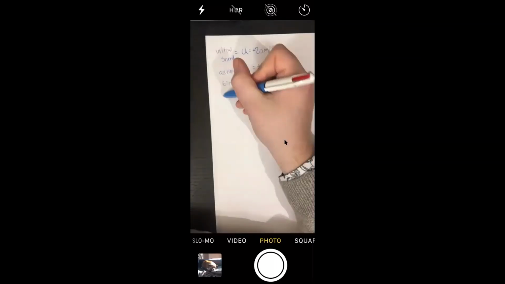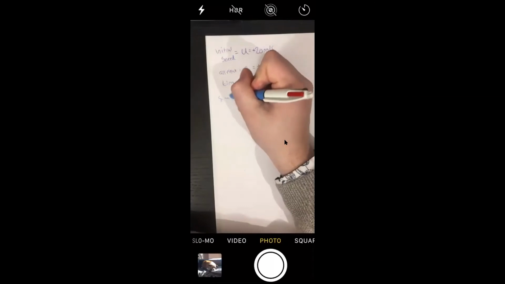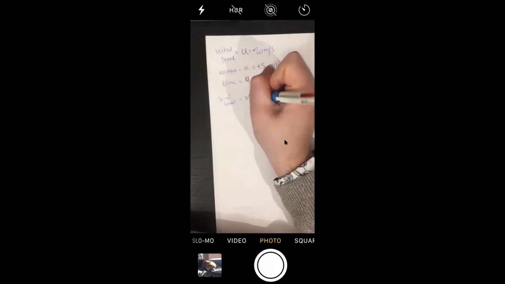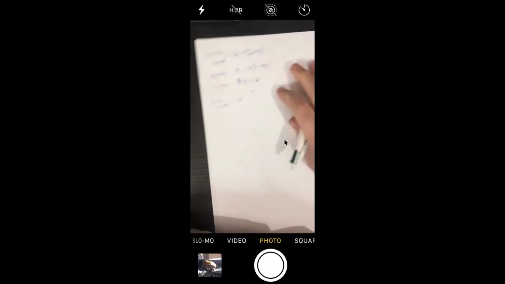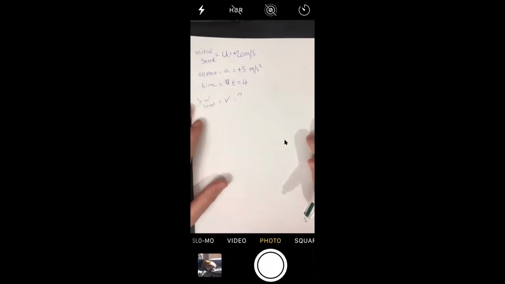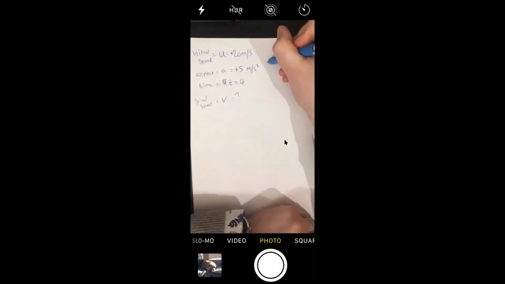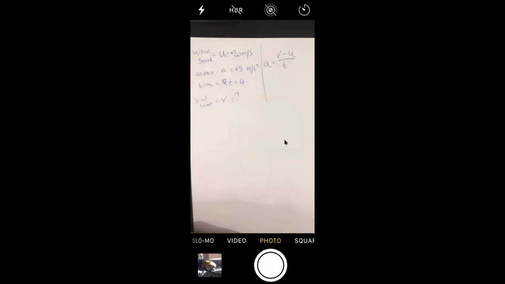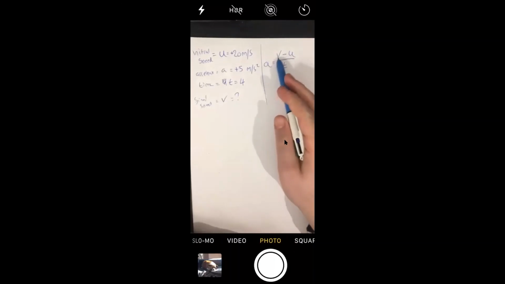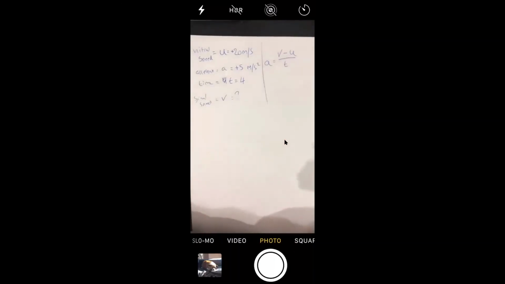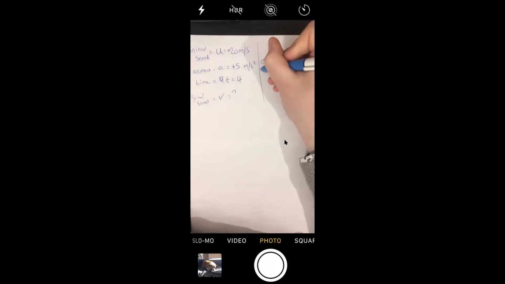So what we want to know is our final speed. That's v. The equation we would use is: acceleration is your final speed minus your initial speed, over time. But we don't want acceleration, we want the final speed. So I'm going to multiply both sides by t.